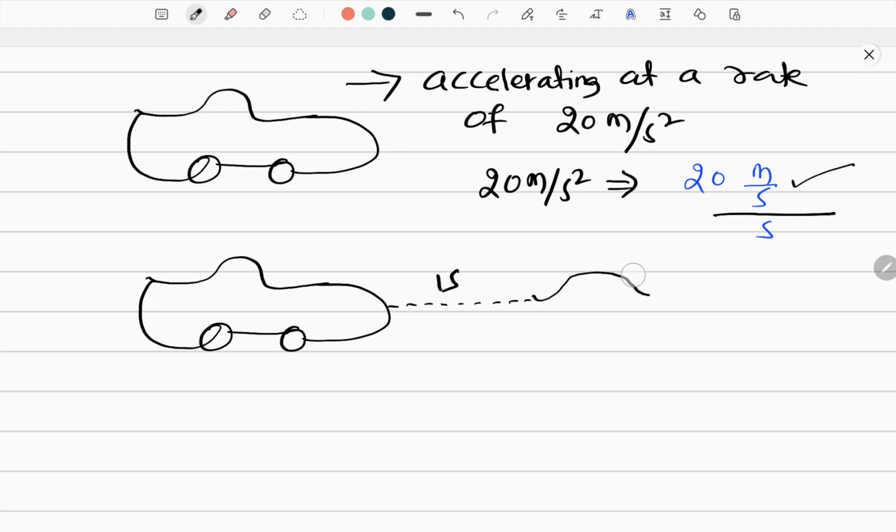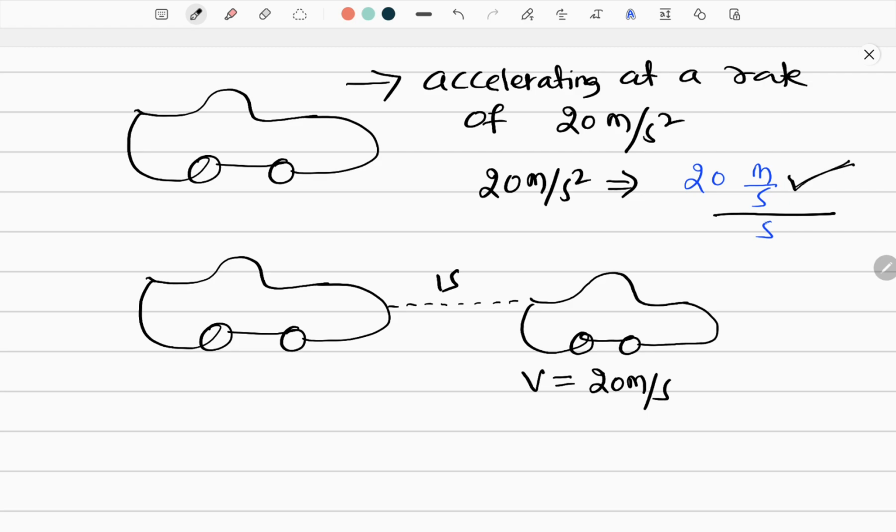So 20 meter per second square means that after 1 second, if we check the velocity of this car, it would have become 20 meter per second, because in 1 second the velocity has increased by 20 meter per second.